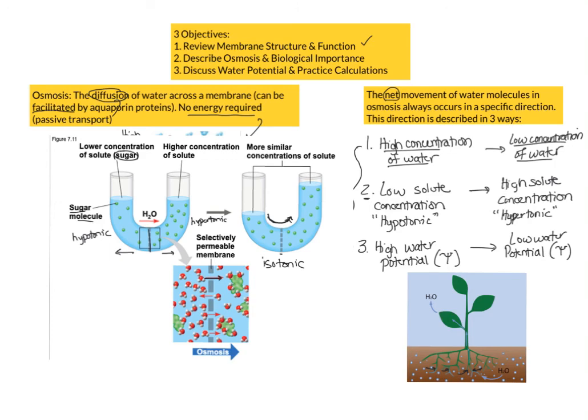There's, in other words, a very big difference in water potential. There's very low water potential in the roots in comparison to the water potential of the soil. And so this helps drive the absorption of water in plants that we're going to talk about a little bit later. So that's one of the major examples that we can think of when we think about the importance of osmosis.